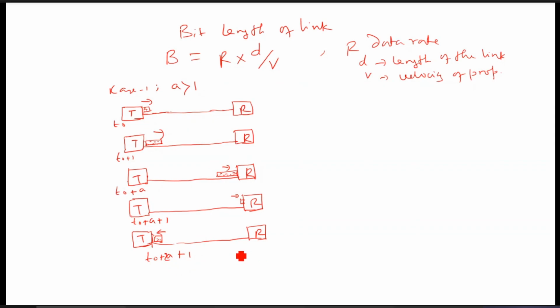So this is the case when the link length is quite large compared to the transmission time of the frames. There is another case, case 2, when the link length or the propagation delay is small compared to the transmission time. Let us see what happens.